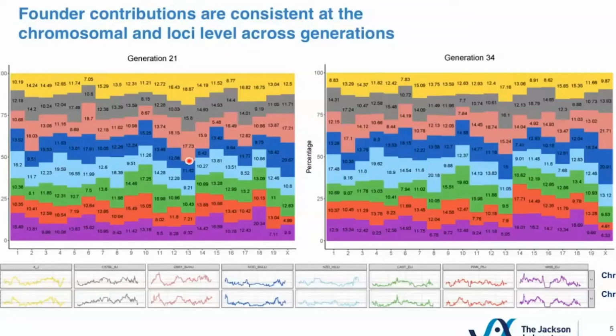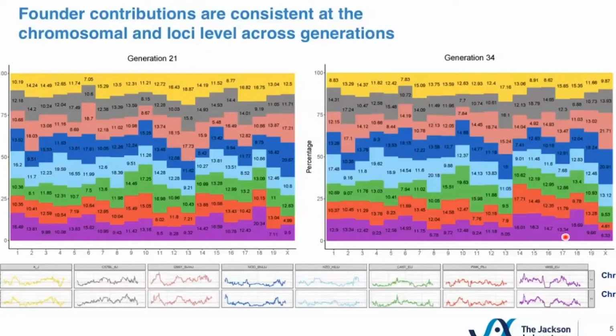But one thing I would like you to notice is that this is once again the profile of generation 21, our gold standard for analysis and genomic profile of this population. And what you'll see is that in generation 34, our most recent data, the look of this profile is very similar.